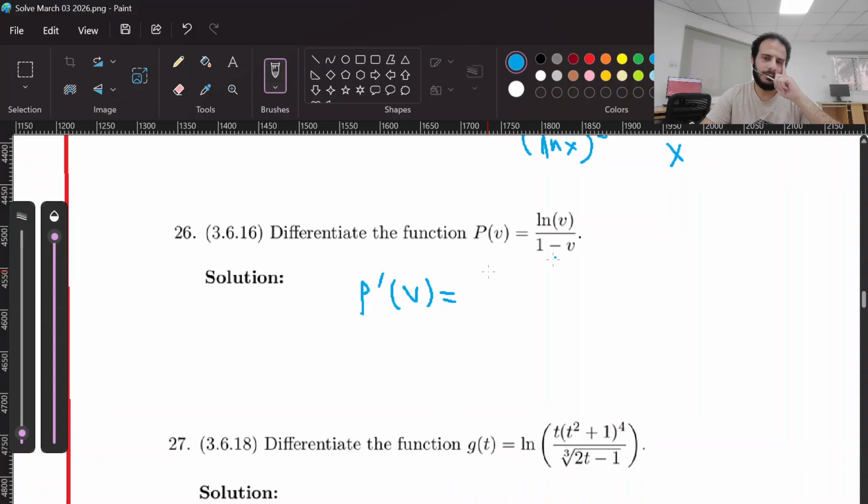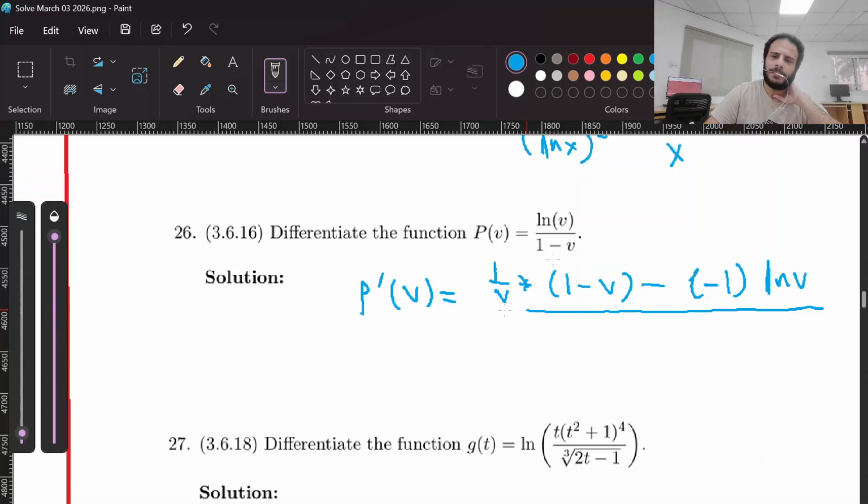So you take the derivative of ln v, which is 1 over v, times 1 minus v, minus ln v times the derivative of 1 minus v, which is minus 1, over 1 minus v squared.